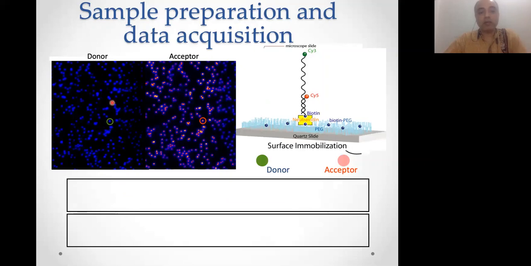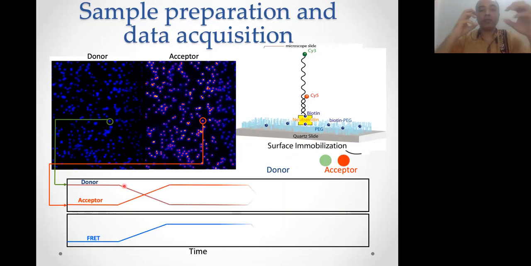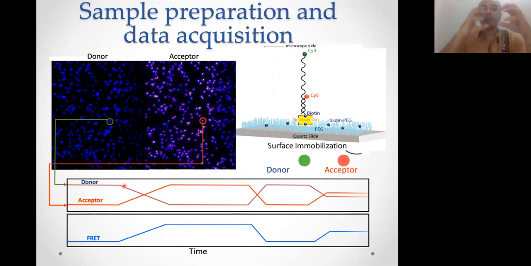So you can find each corresponding pair, and if you look at their intensities as a function of time, you will notice that if they undergo conformation changes, the molecule doesn't move around, but their intensities will move in an anti-correlated manner. Okay, and this can tell you something about the dynamics the molecule is undergoing at the nanometer scale.